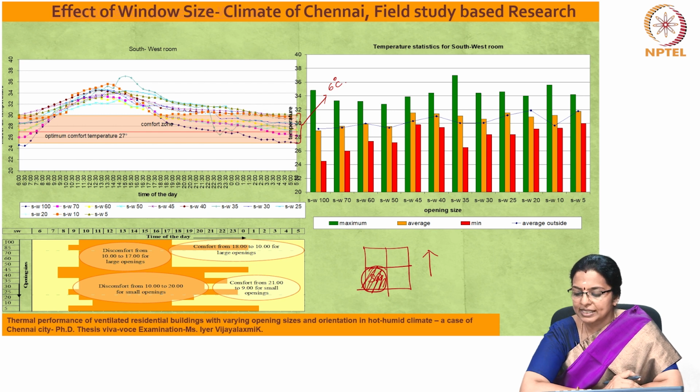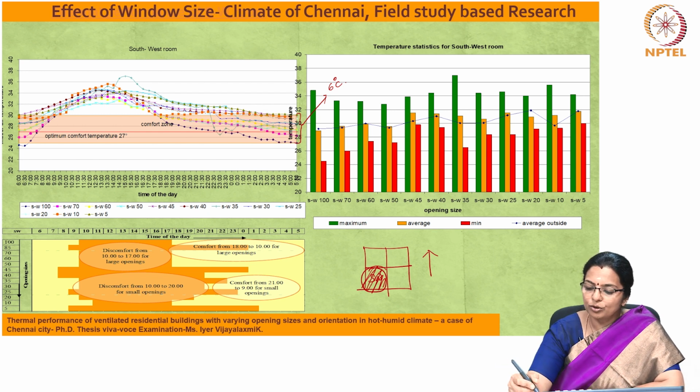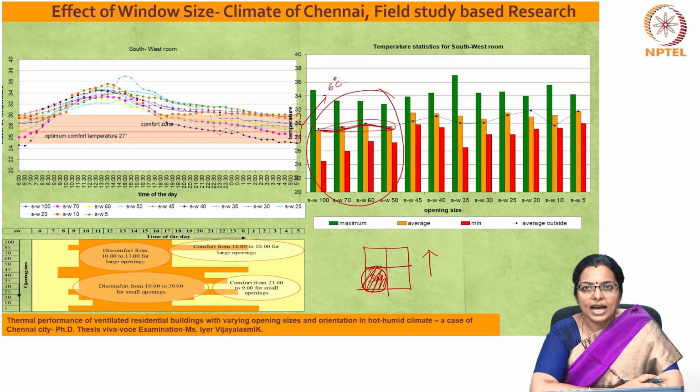So, when opening sizes are 100% to 50%, the average temperature of the room follows the trend of the outdoor average temperature. But as the opening size decreases from 45% to 25%, the indoor averages are higher than the outdoor average.